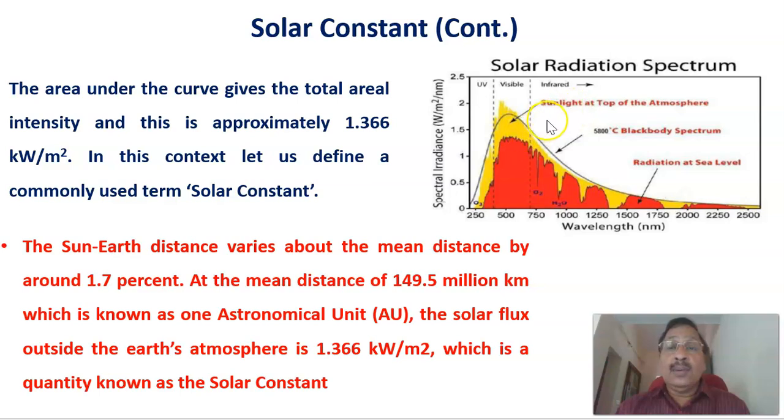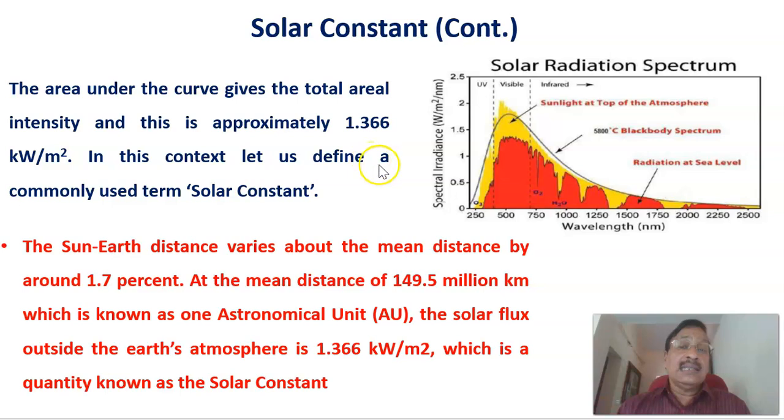The yellow one is the sunlight at the top of the atmosphere, and the red one shows sunlight at sea level on the earth. Therefore, the difference is the radiation absorbed. The area under the curve gives the total intensity, and it is approximately 1.366 kilowatt per meter square. That is the solar constant.